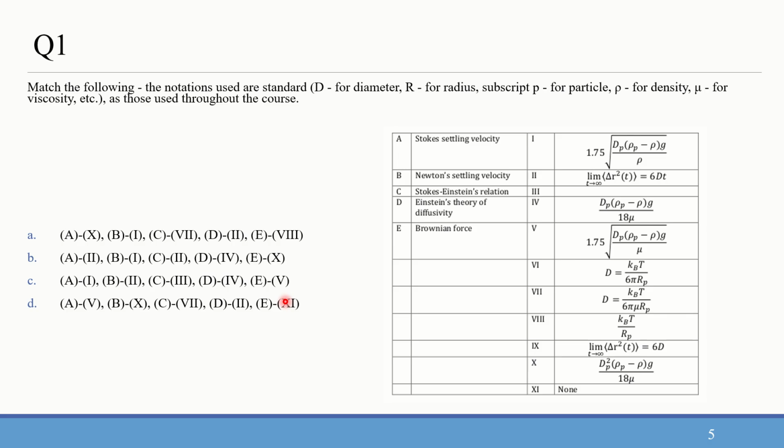Now I'll give you 1 minute. We have to match everything in the left hand column with the right hand column. What have we got on the left hand side? Stokes settling velocity, Newton's settling velocity, Stokes-Einstein relation, Einstein's theory of diffusivity, and Brownian force. Just look at it and match it with the relevant thing.